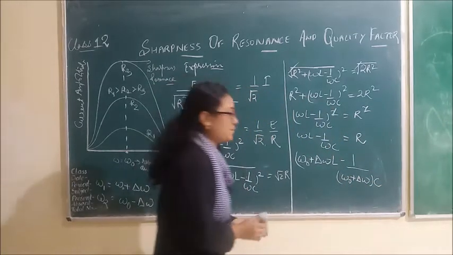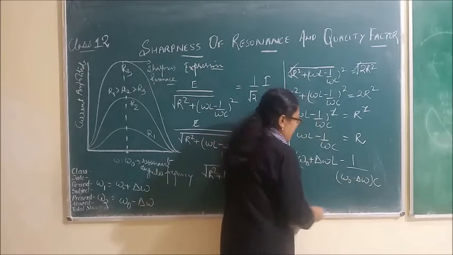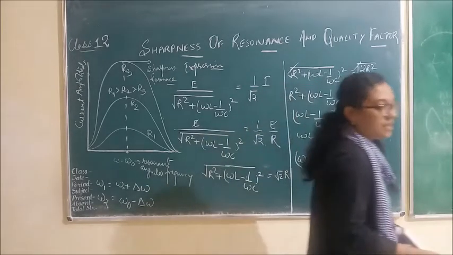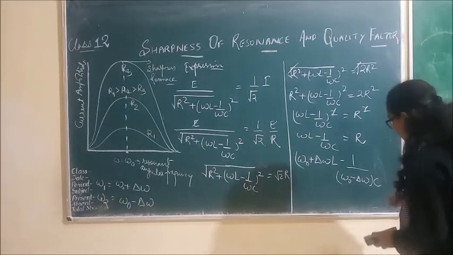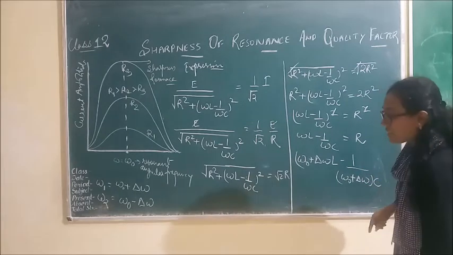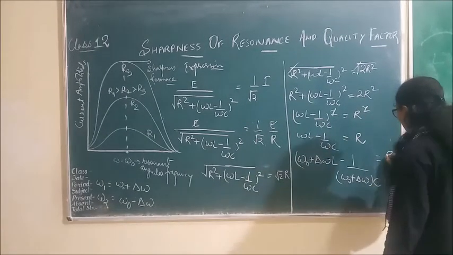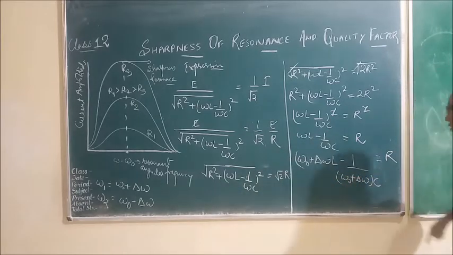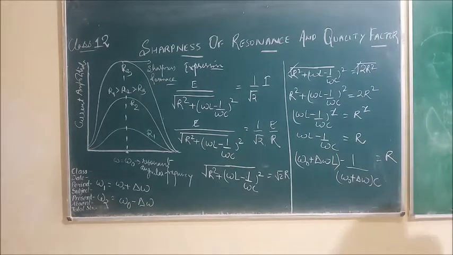Is it correct? No. C के साथ मैंने क्या use करना है? Minus use करना है. Clear student? Clear? No, इस value will be C again. अभी जब ऊपर जाएगा तब ये negative होगा. Is equals to R. This will be the value of omega. Bracket close. दिख रहा है?